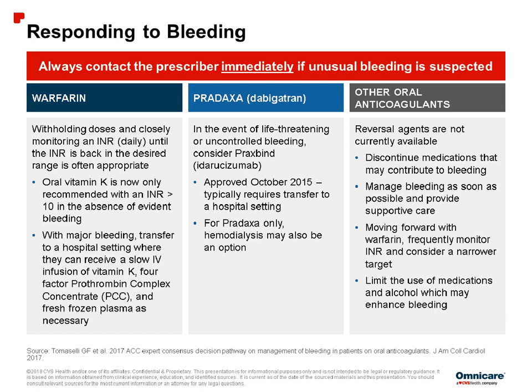And while additional reversal agents are currently undergoing clinical testing, Xarelto, Eliquis, and Savaysa do not have a specific treatment regimen. In all cases, discontinuation of any medication that may be contributing to bleeding should be strongly considered, and the patient's bleeding should be managed as possible while you provide supportive care.